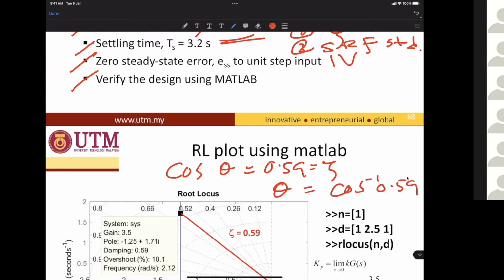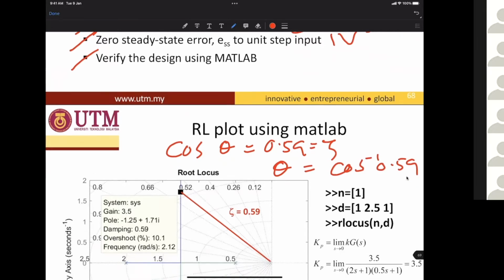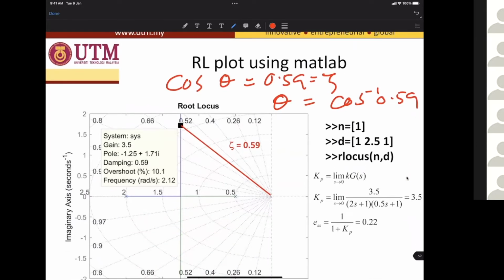Berapa ni sudut dia? Farhan. Sudut dia berapa? 53 darjah. Okay. So theta sama dengan 53 darjah. Okay.